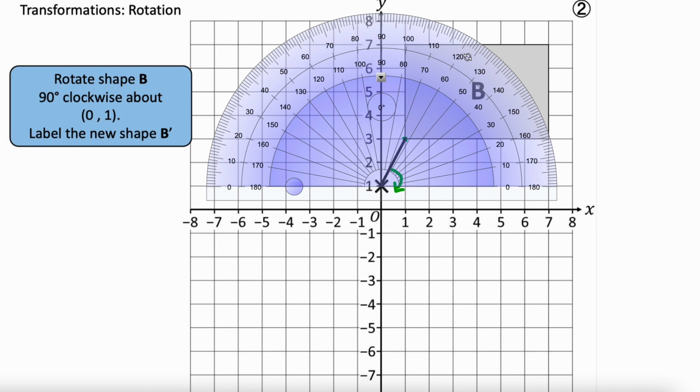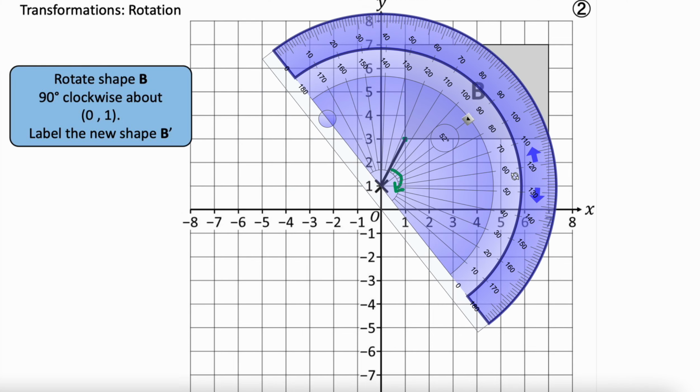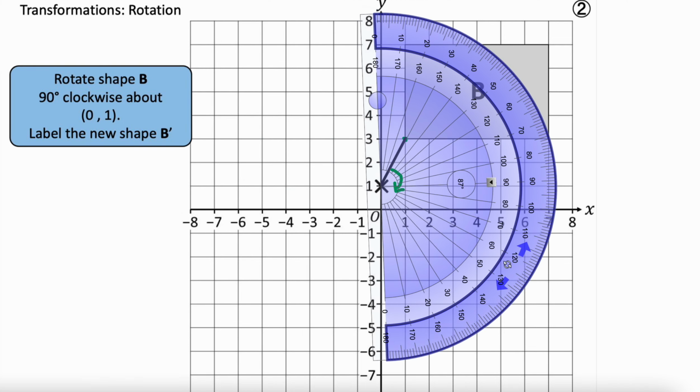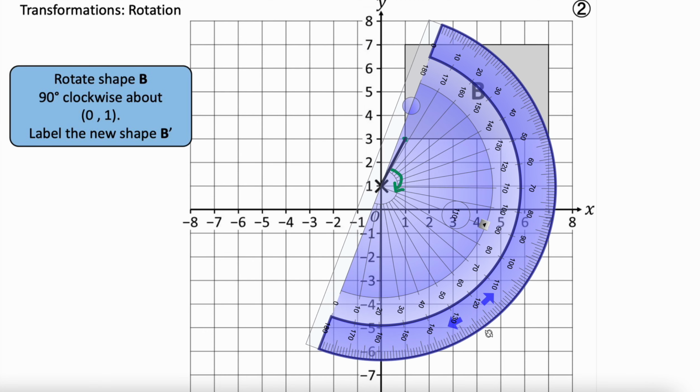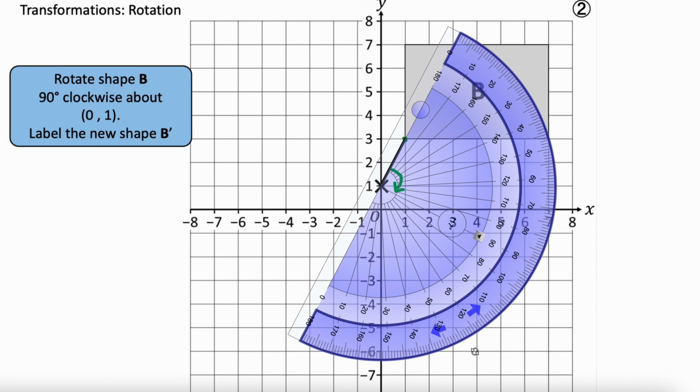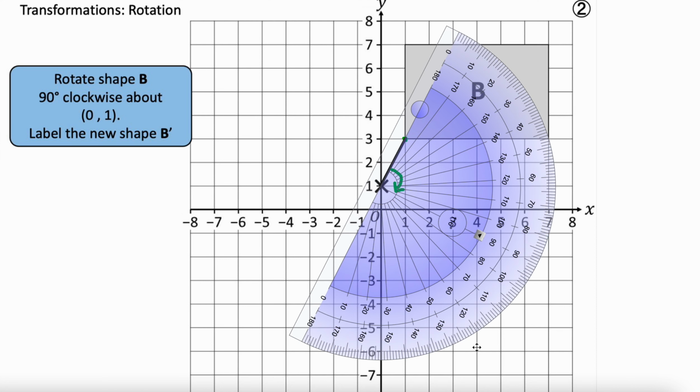However, now we will turn it around first. And we make sure that the protractor's 0 degrees is aligned to the segment that we have just created. So here is the 0 degrees of our segment just now.